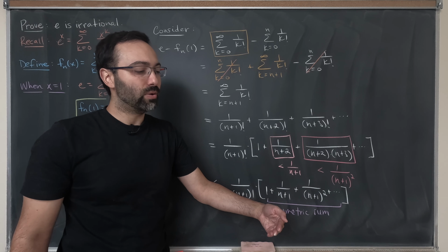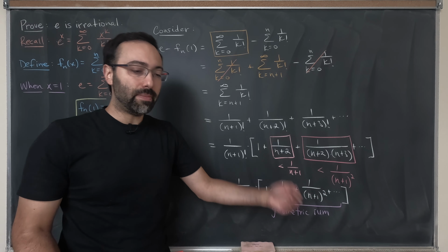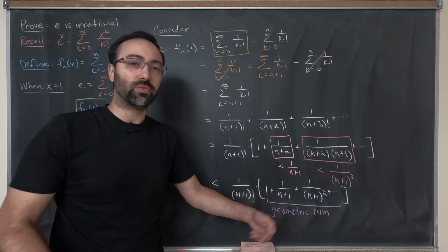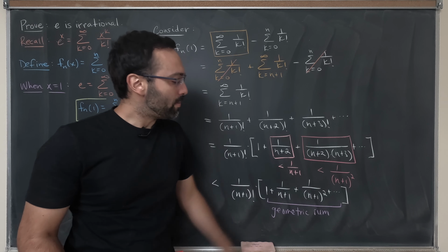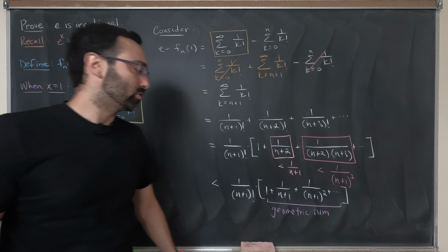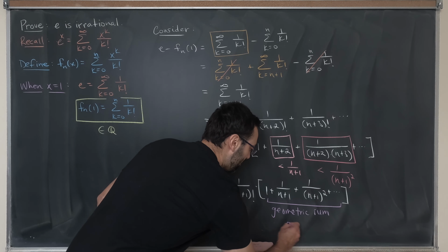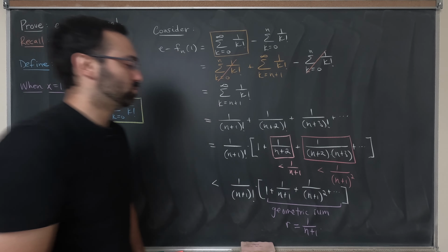Multiplying that by 1 over n plus 1 gives us this next term. Multiplying that by 1 over n plus 1 gives us 1 over n plus 1 squared, so that's the next term, and so on. So the common ratio is 1 over n plus 1. This is a geometric sum.